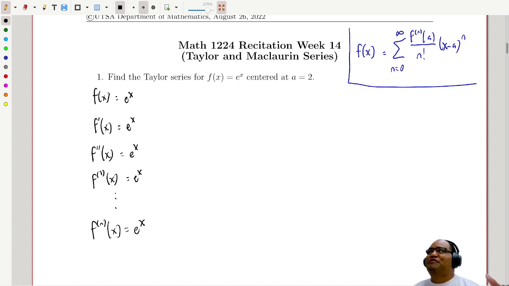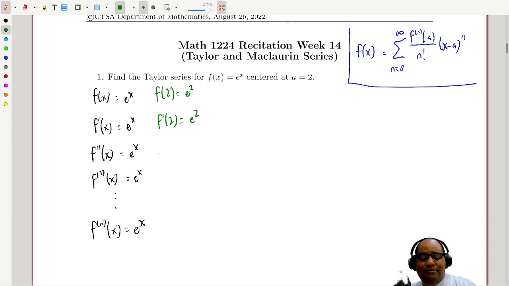Okay, that's the first step. We need to figure out what the derivatives are and see if we have a pattern, and indeed we do here. Now we're going to evaluate these at our center point. So we have f of 2, that's just e squared, something like 7, I think. The first derivative at 2, well, again, the derivative of e to the x is itself, so e squared again comes out.